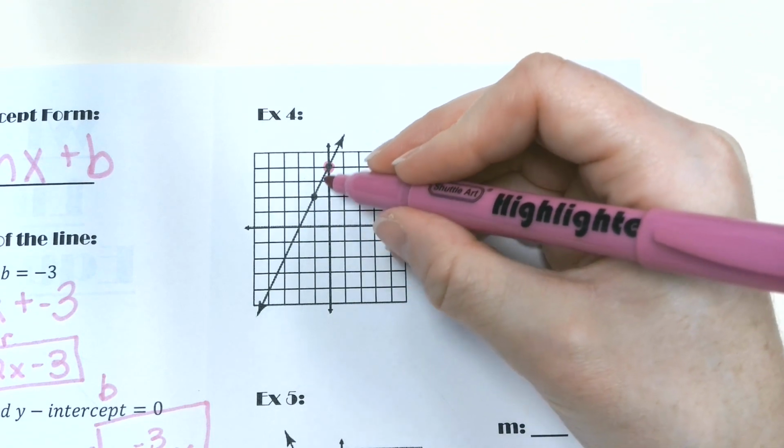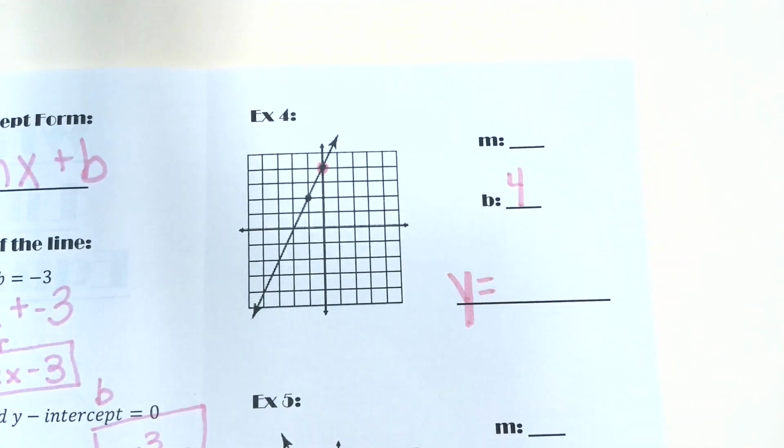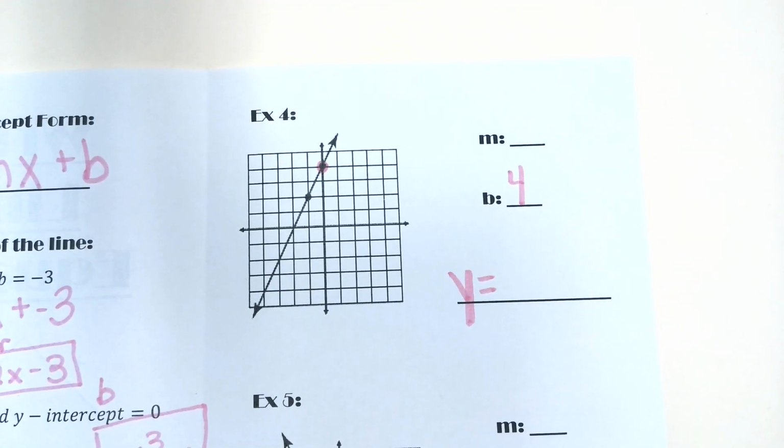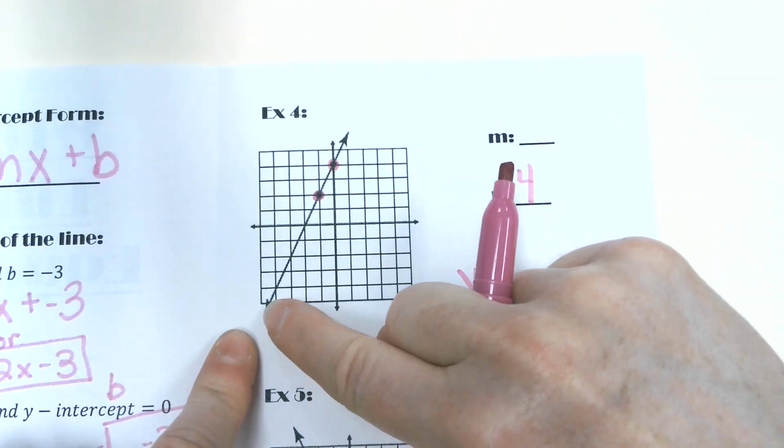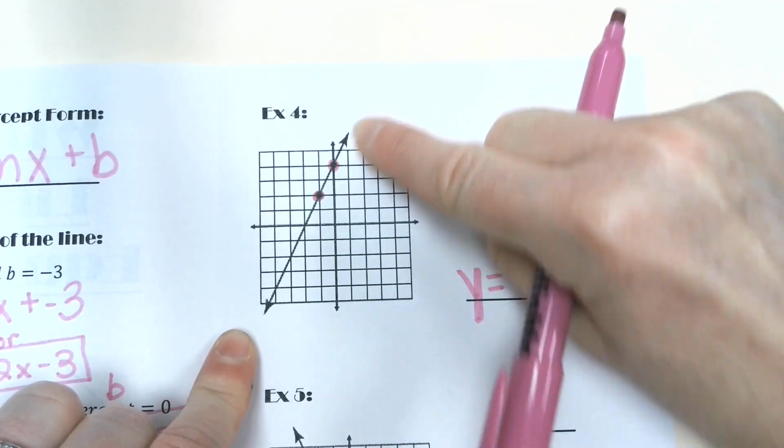Y-intercept would be at 1, 2, 3, 4. Did you get that? Okay, then our slope. We just need 2 points. It doesn't matter which one you start from. But what kind of slope is this?